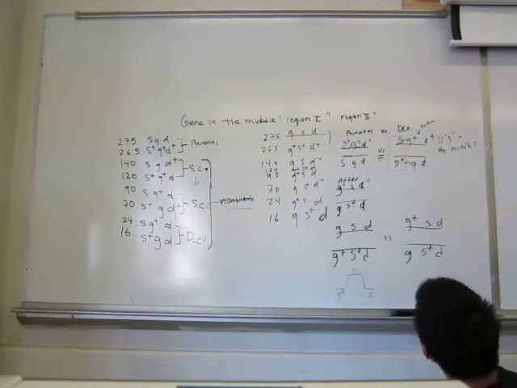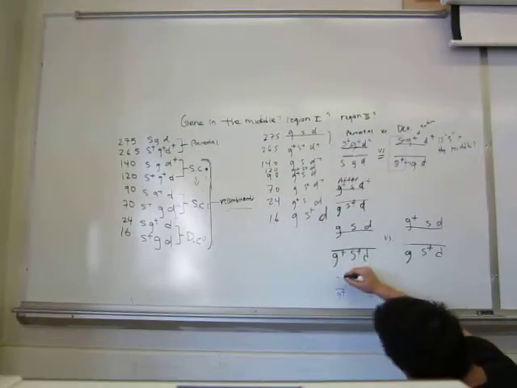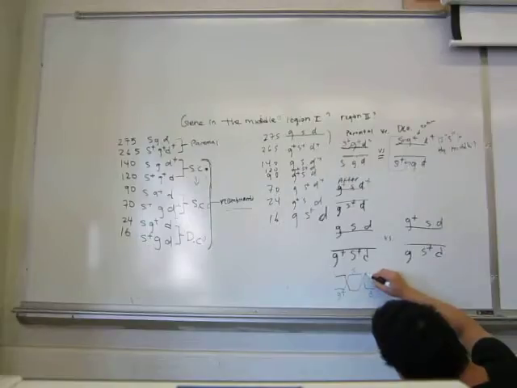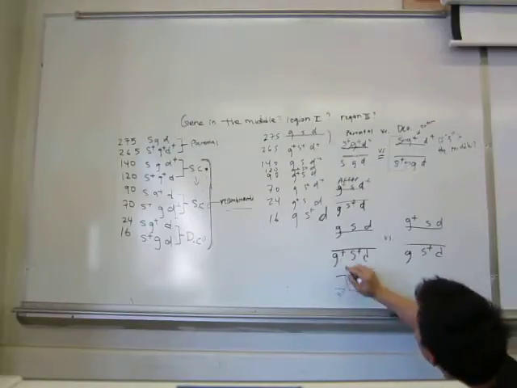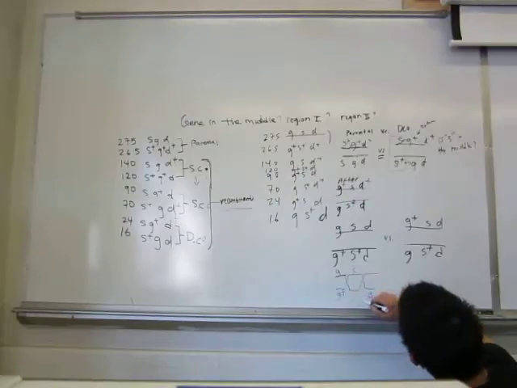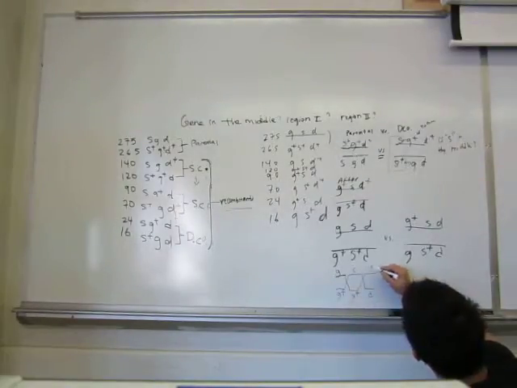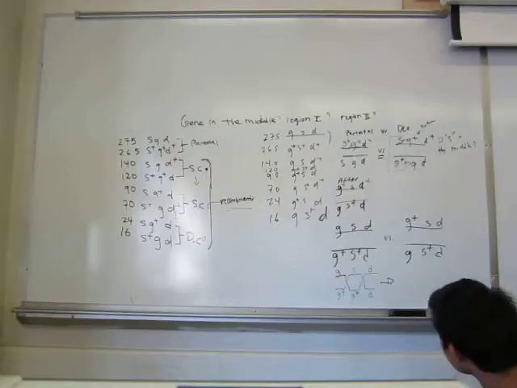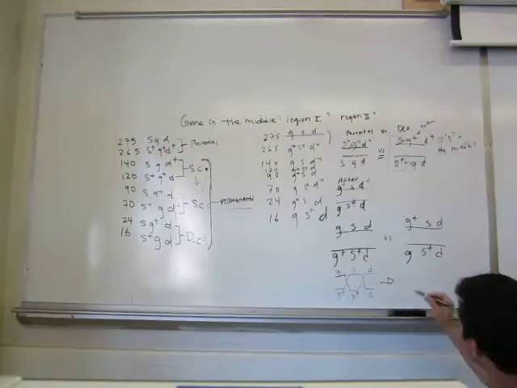Now that I have everything, the rest should follow as well. G here, S plus here, and then a D is over here, transfer it across. Very simple.